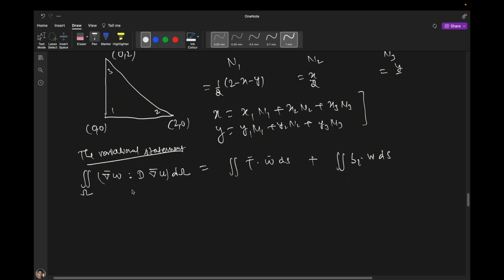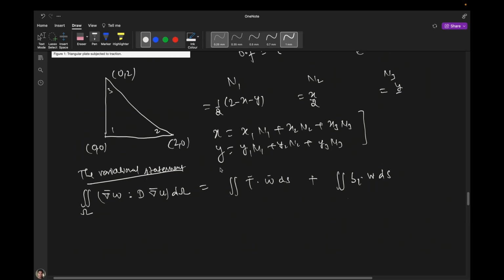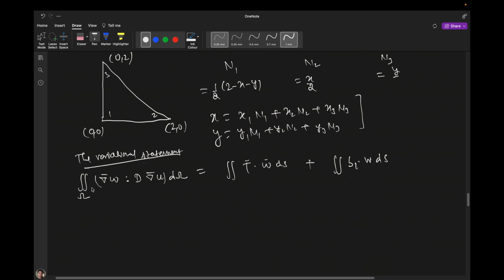Okay, so this is the variational statement. Now what we need is, we already saw that I can write x like this, y like this, but we already know that the displacement along the x-axis should also be a linear combination of n1, n2 and n3.